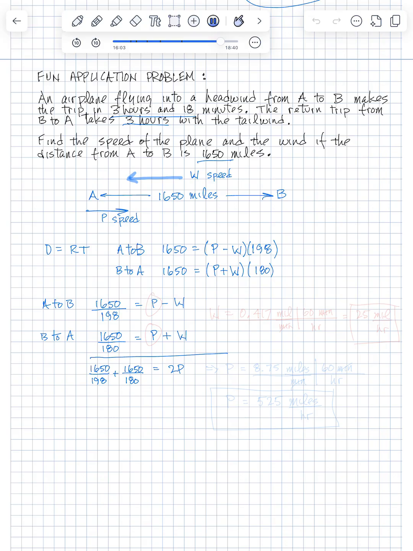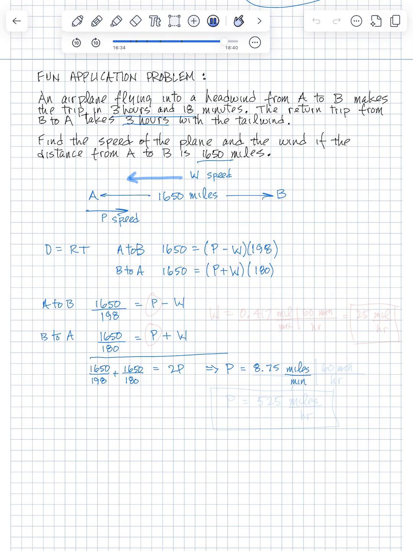So now we can solve for P. We divide everything by 2, and P turns out to be 8.75. But the units of this are going to be miles per minute.